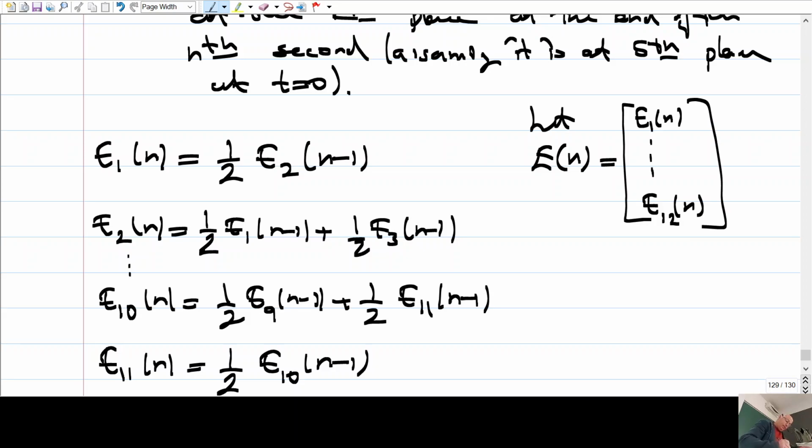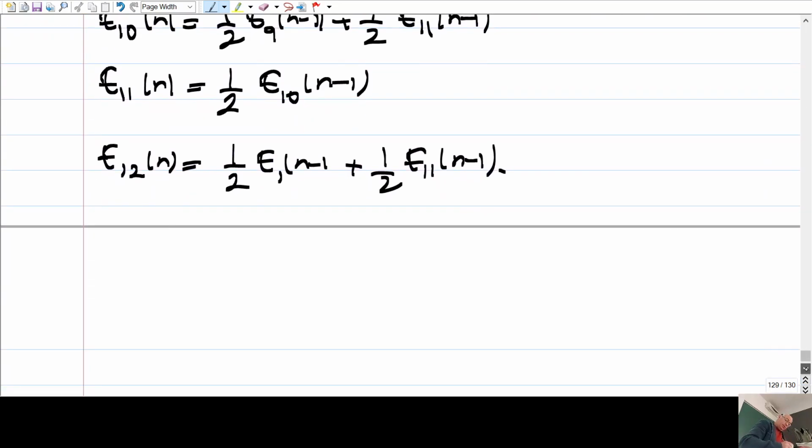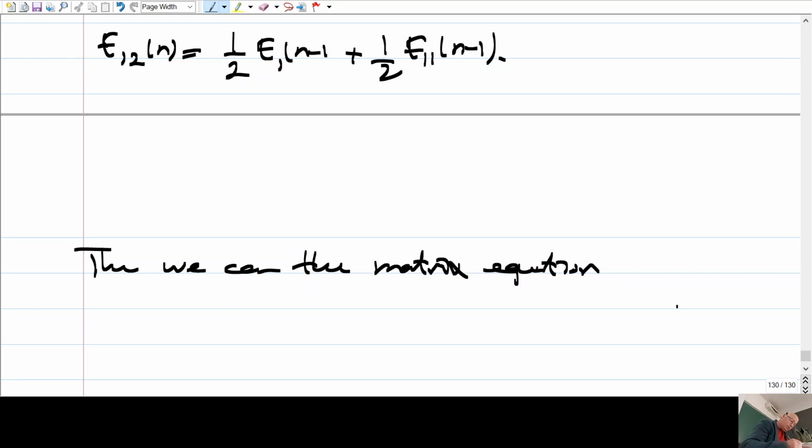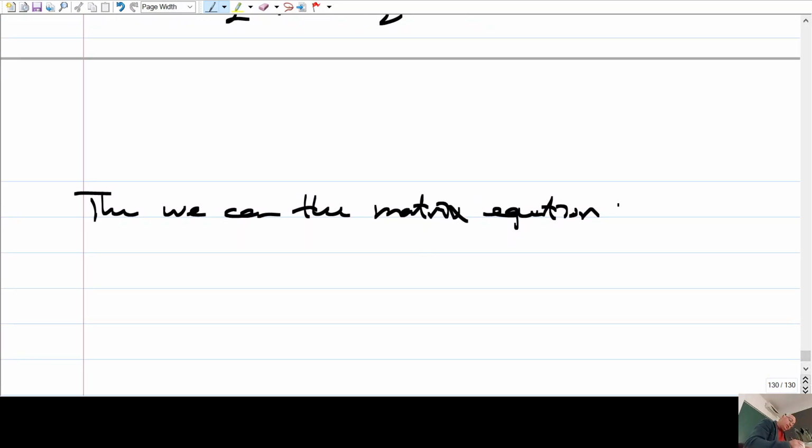Okay, then we can write the matrix equation, namely this one: En is equal to A times En minus 1, where, what is that matrix A?